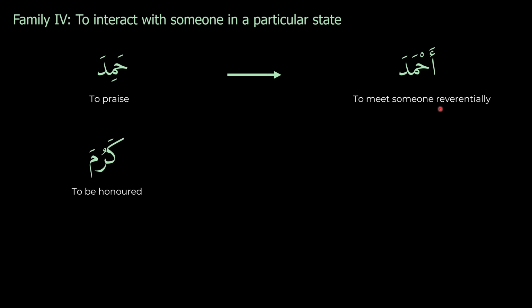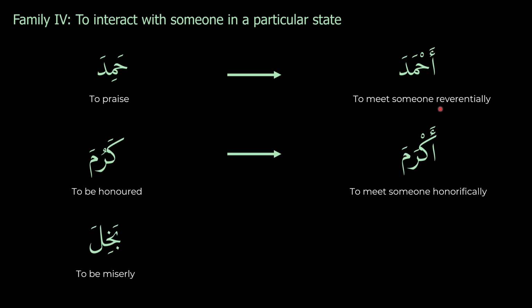And then same thing with karuma, which is to be honored. And then akrama is to meet someone honorifically, right? And then bakhila is to be miserly. And then abkhala is to meet someone with reservations, right? So you can see how the meaning changes from the base meaning to interacting with someone with that state, right?